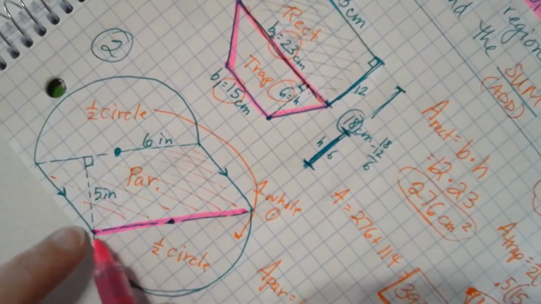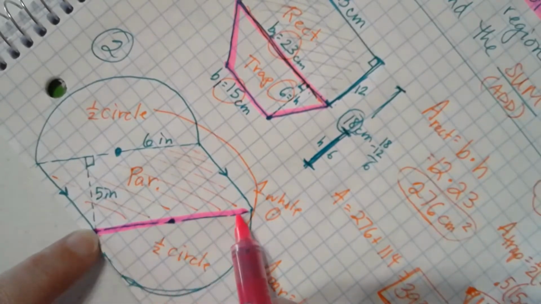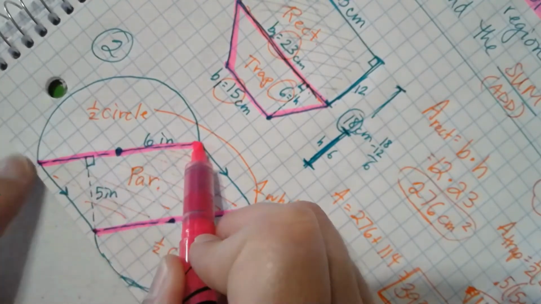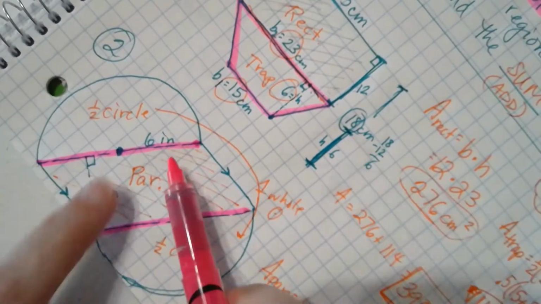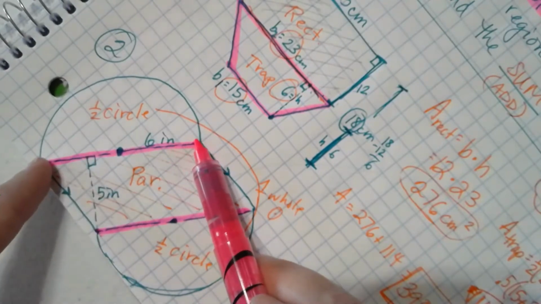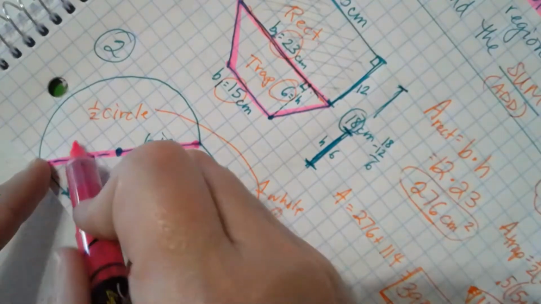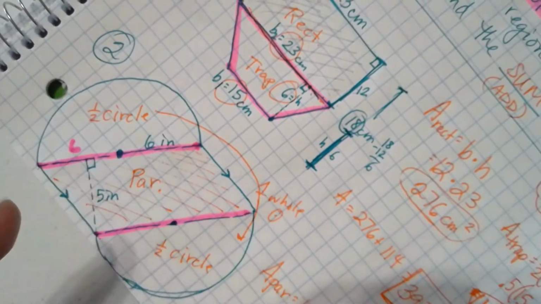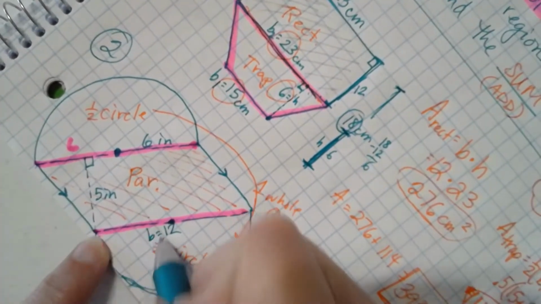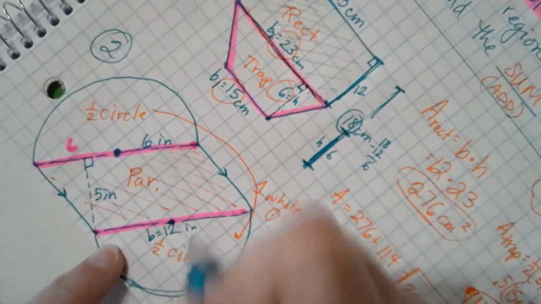I don't have any numbers along there, so I'm going to go up here to the top of my parallelogram. Those are the same, right? Those are congruent. I got a 6 over here on the side. How long is this whole piece going to be then? 6 and 6 makes 12. So this whole base is 12 inches.